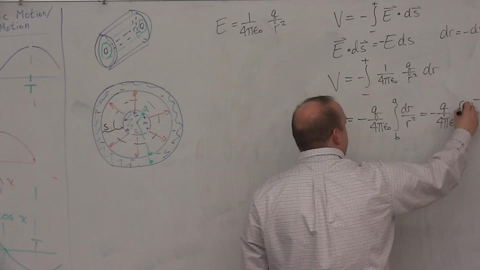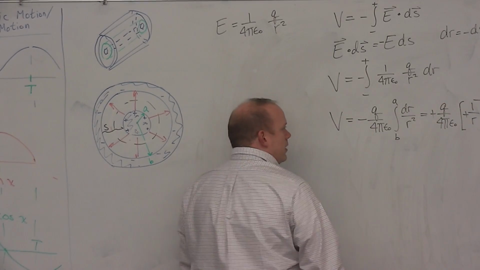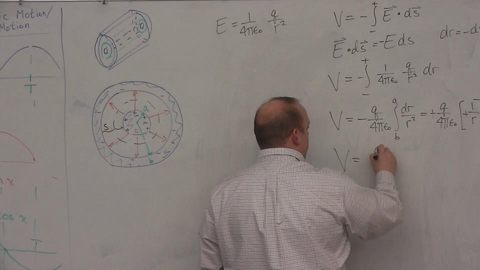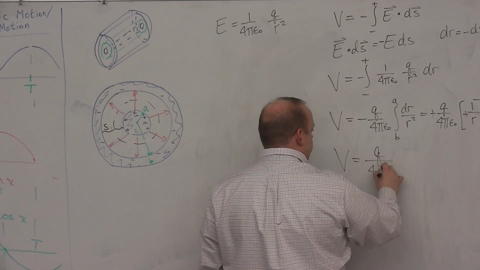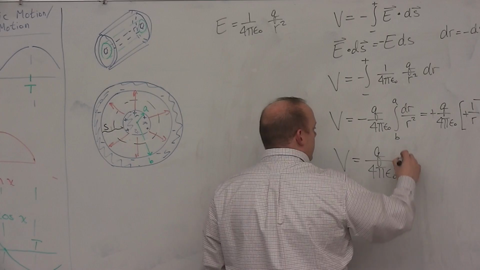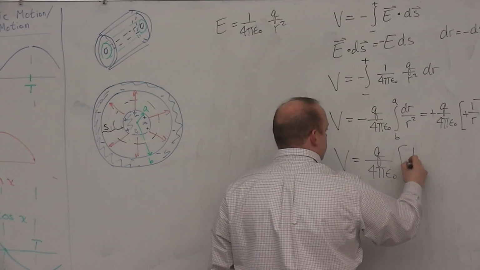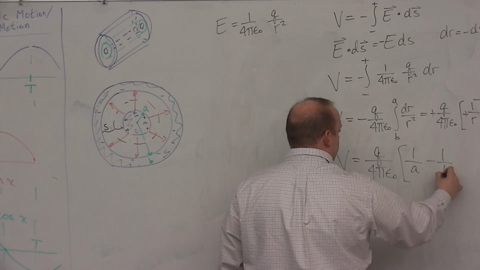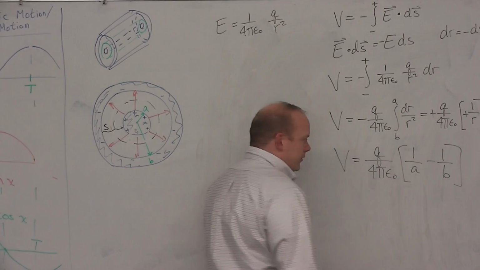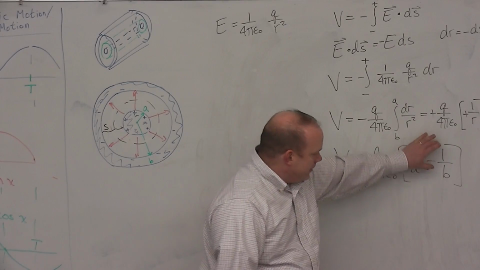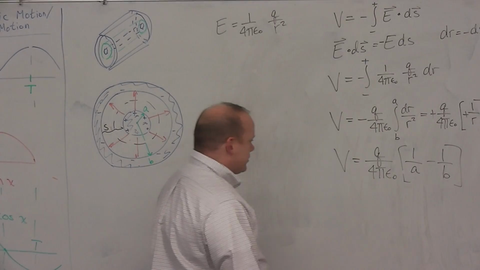The negatives will go away, positive, positive. So I wind up with my potential difference here equaling Q over 4 pi epsilon naught, 1 over a minus 1 over b. A is smaller, which makes this number bigger than this number. So you still wind up with a positive, which is good.